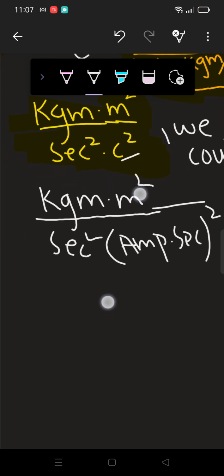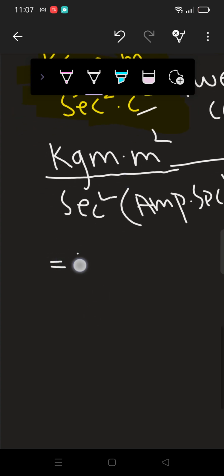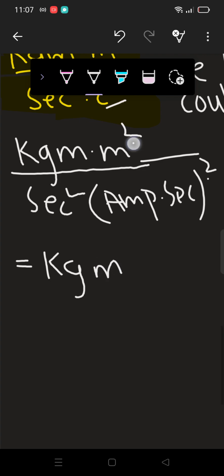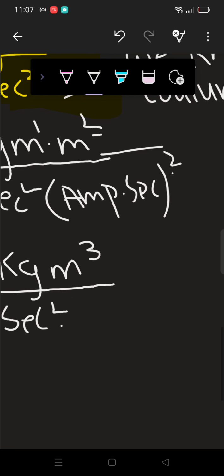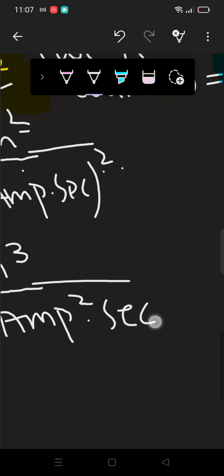Alright, so when we open this square, what we get is kg meter. Now see, this power and this one, they're going to be added because they are multiplying. So this would be 3 upon second square into ampere square, into again second square.